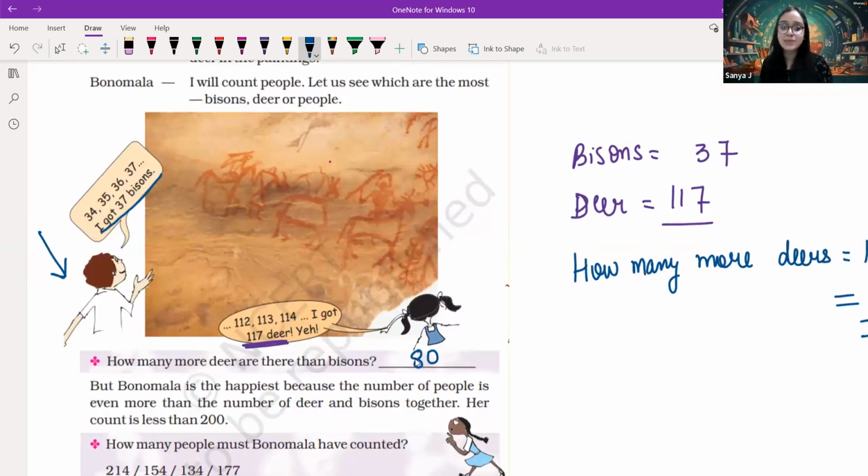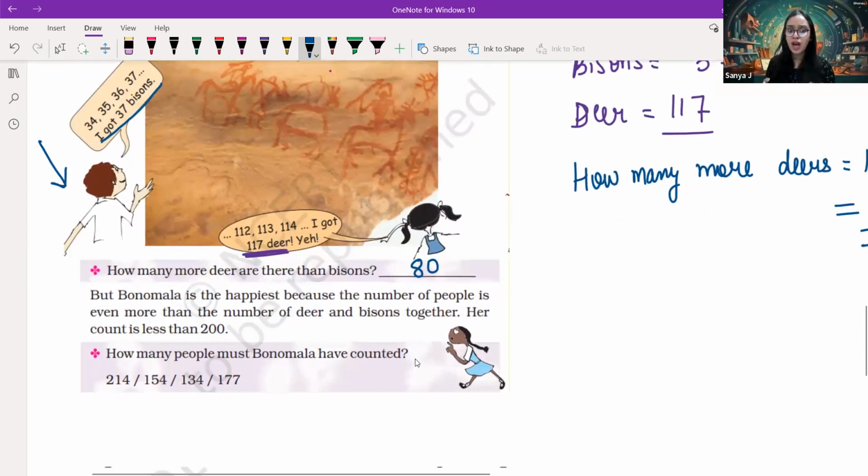Let's move ahead. But Bunomala is the happiest because the number of people is even more than the number of deer and bisons together.